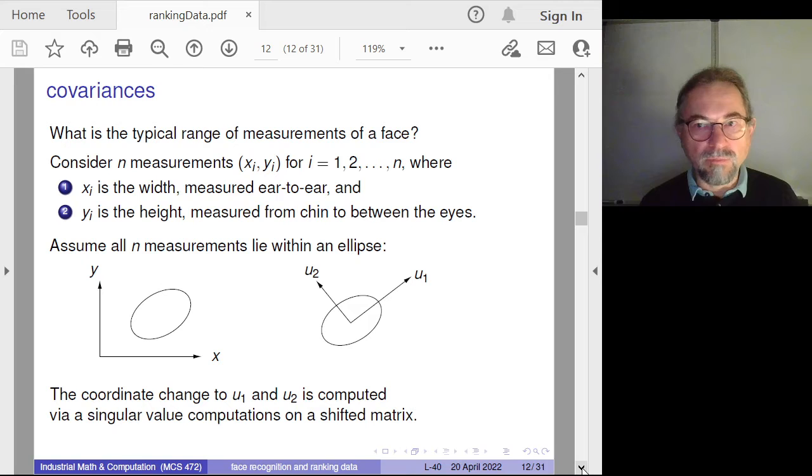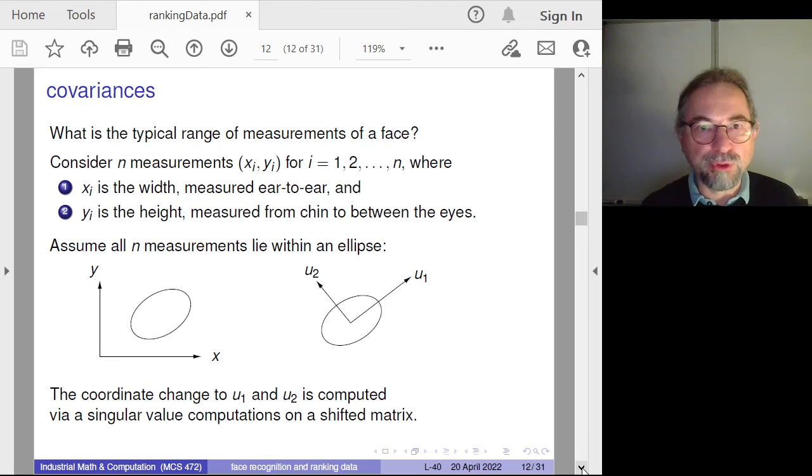And then one can still do a coordinate transformation by going over to the principal components, to the main directions in the observations. That is done on the shifted matrix via a singular value decomposition.